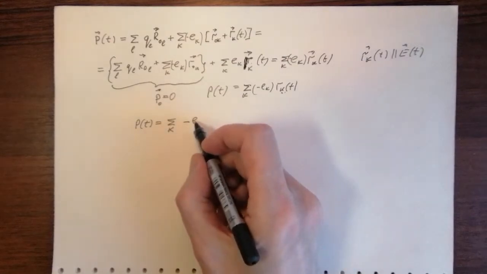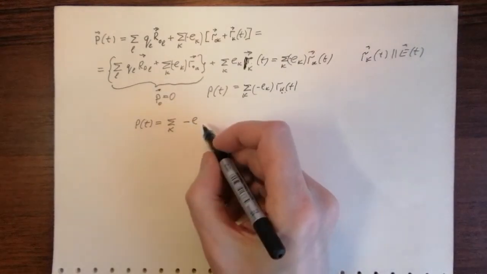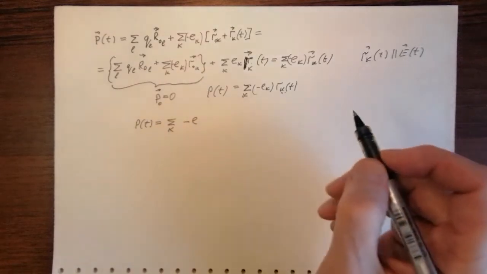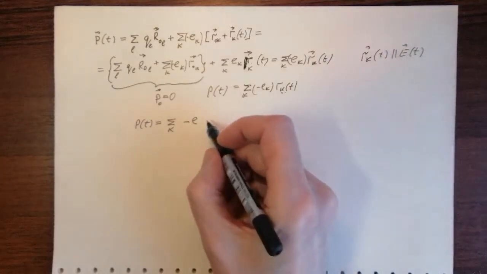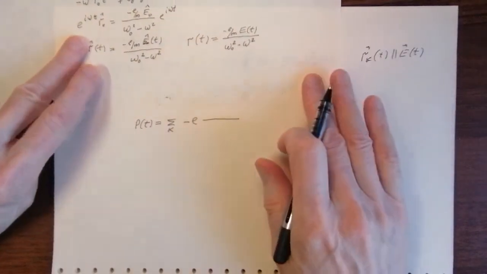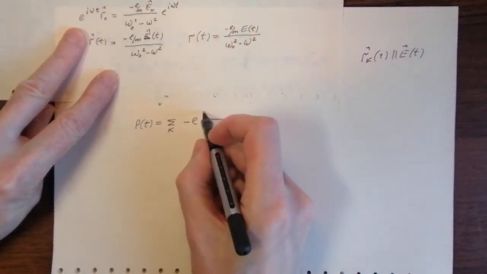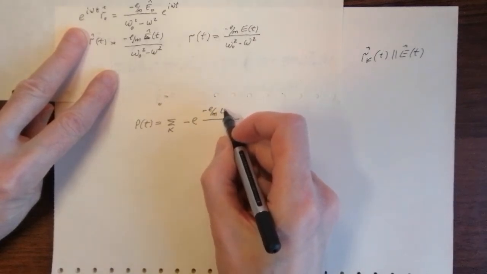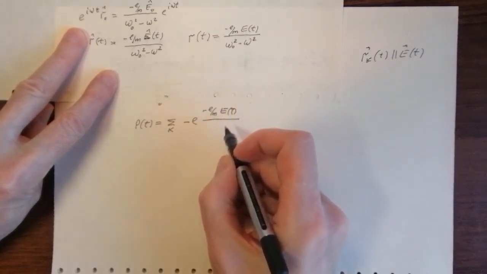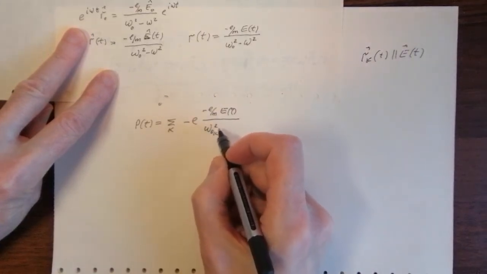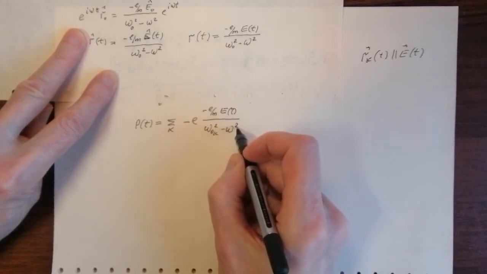So that is just minus e, and as R we have minus e on m, E of t, and here is omega 0k squared minus omega squared.